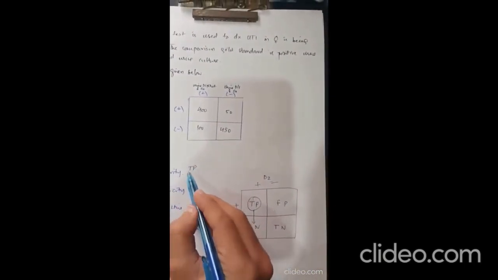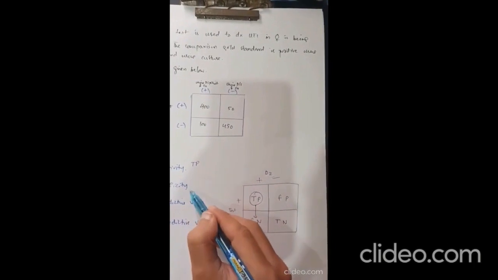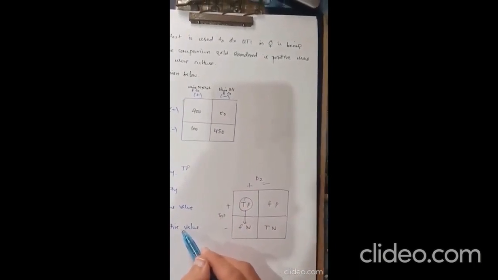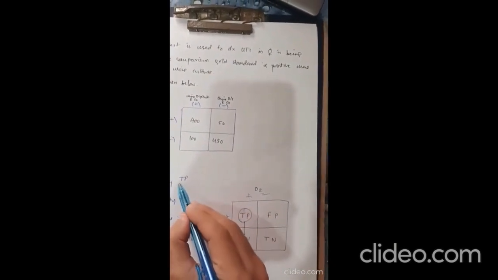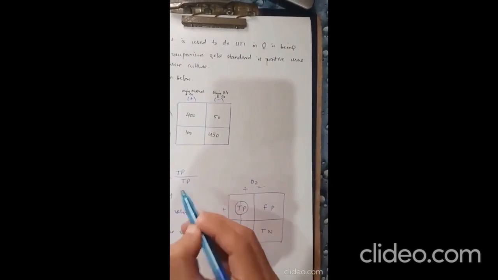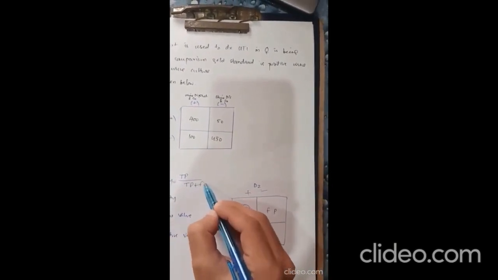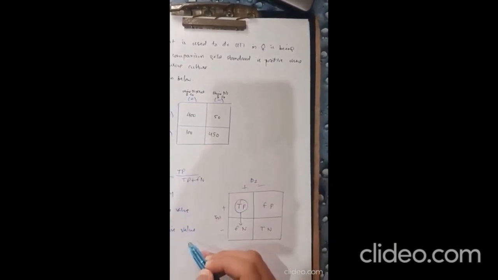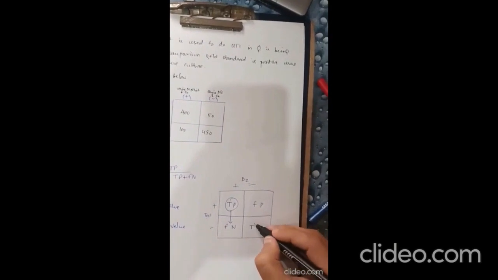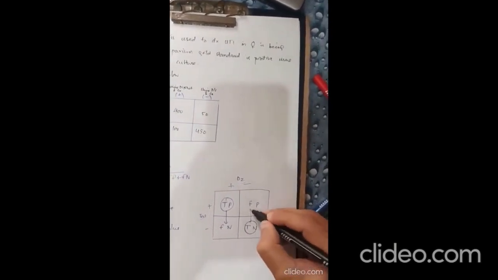Truths will always be on the top, no matter whether it is sensitivity, specificity, positive predictive value or negative predictive value. So the sensitivity is true positive upon true positive plus false negative, and the specificity would be true negative and false positive.